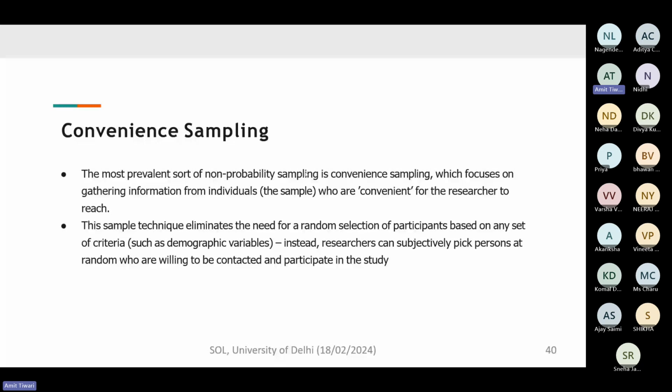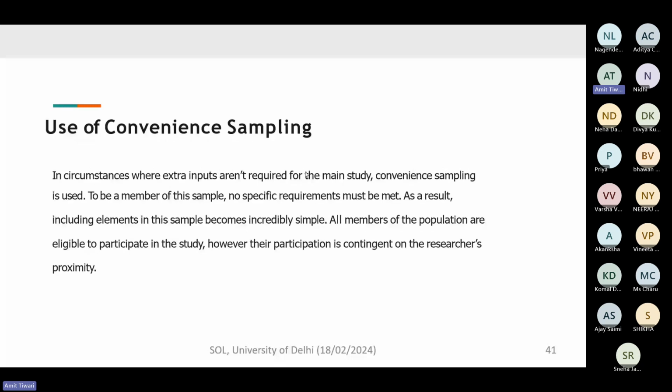So this is called convenience sampling. There are also circumstances when extra inputs are not required, and in that case you can use convenience sampling.